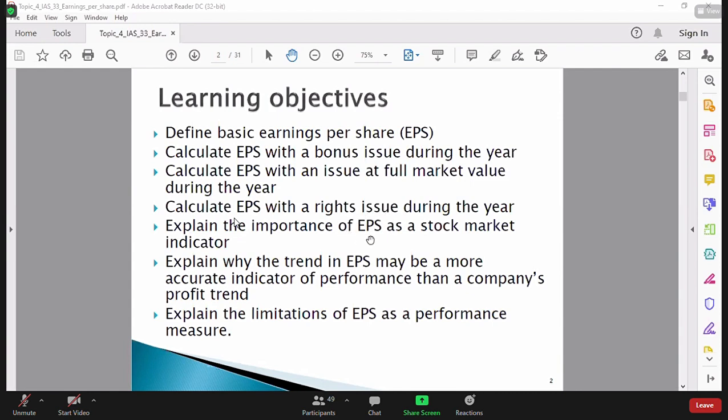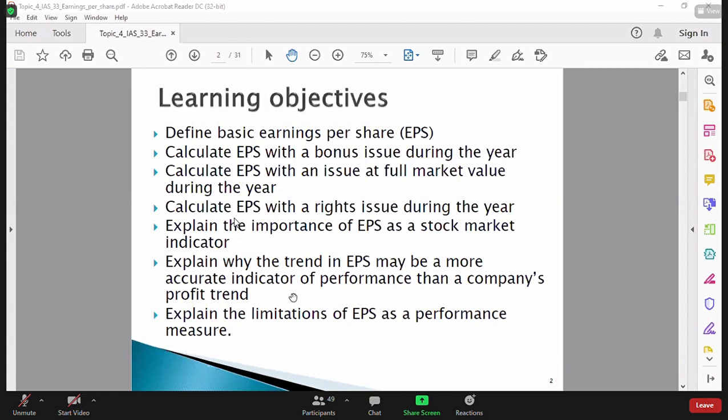Why? Because you are actually working on behalf of the investor. So as an investor, they want to look at the earnings per share. If let's say they want to invest, how much in the future they will get. So they will refer to the earnings per share. And then explain why the trend in EPS may be a more accurate indicator of performance than a company's profit trend.